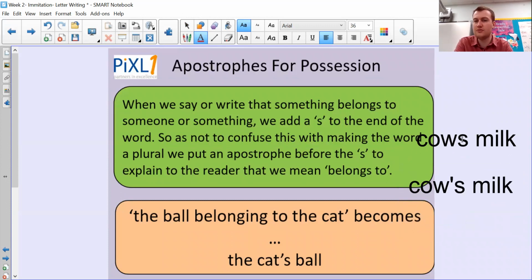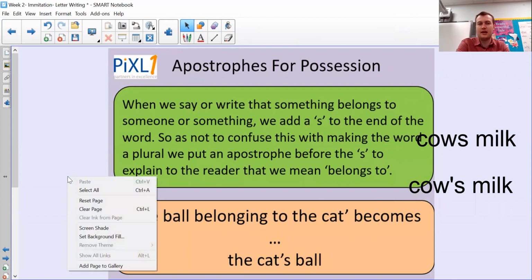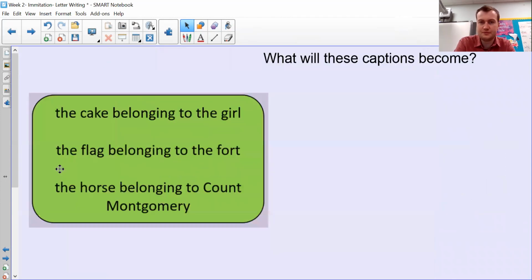So that's lots of cows, that's one cow. Here we've got the ball belonging to the cat. We get rid of the belonging to, put the cat at the start, it becomes the cat's ball. The ball belongs to the cat, it's the cat's ball.